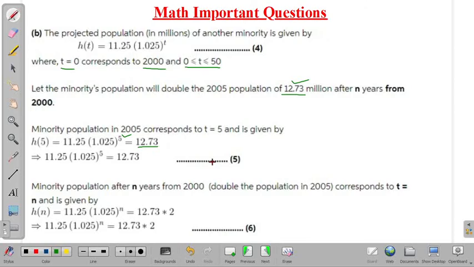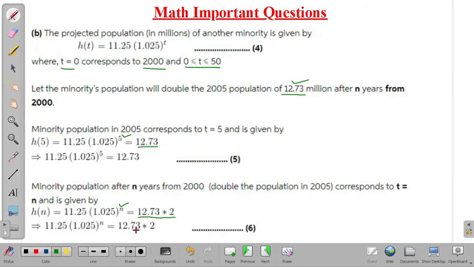After n years from 2000, the population will be double that of 2005, so the population will be 12.73 multiplied by 2, and here we have substituted t = n. So we get this equation: 11.25 times 1.025 to the power n equals 12.73 into 2. Again we need to find the value of n from equations 5 and 6.